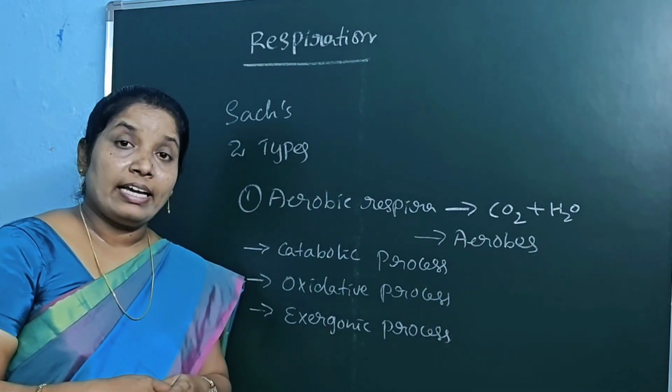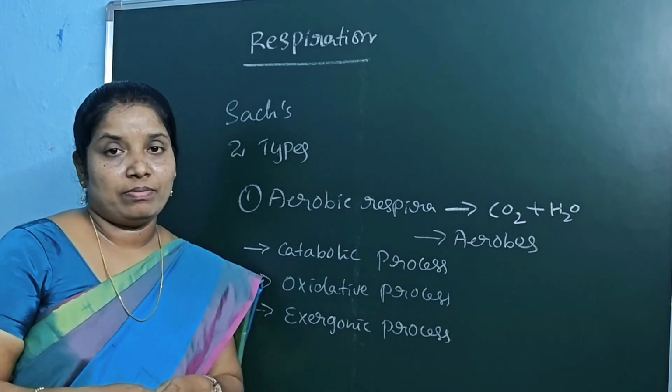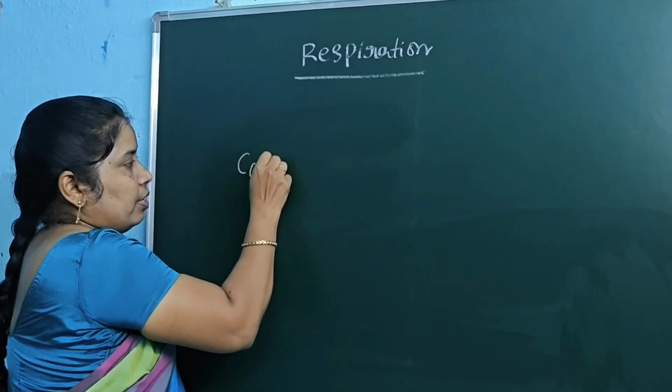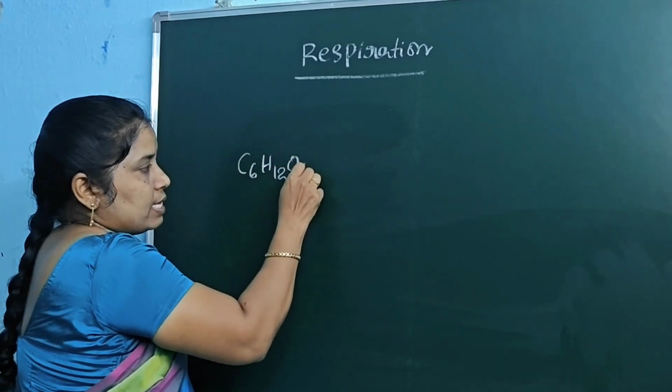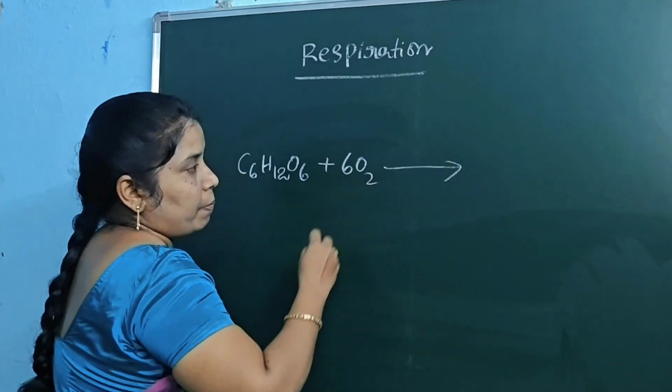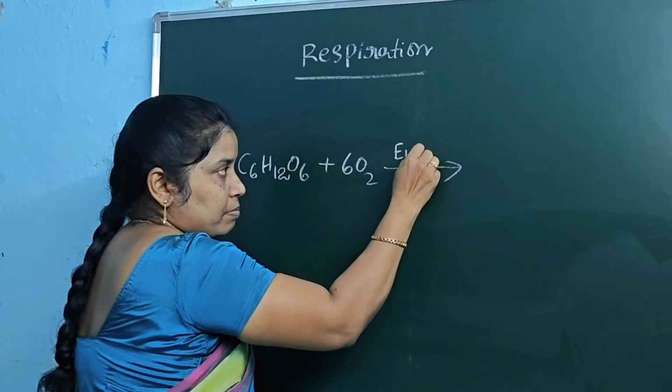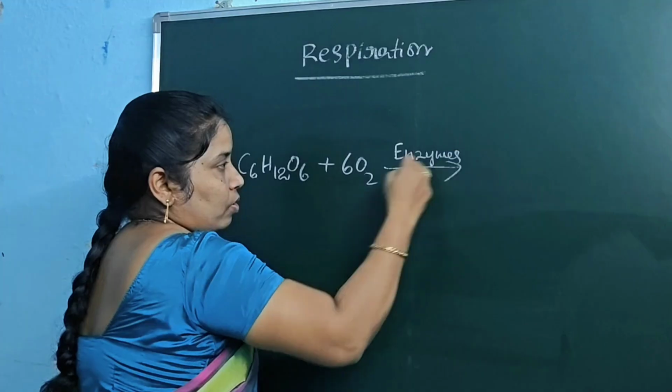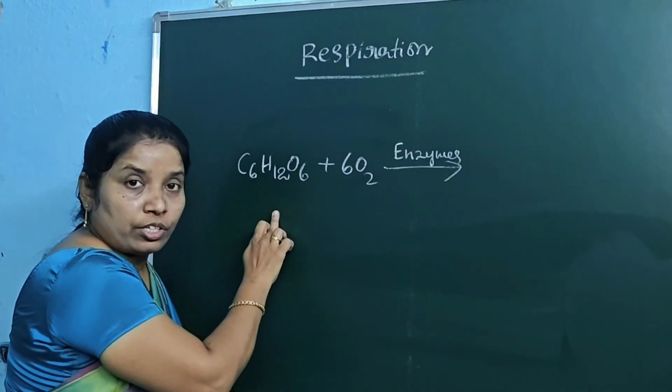Let's see the aerobic respiration equation. C6H12O6 plus 6O2 gives rise, in the presence of enzymes, to oxidation of food molecules.